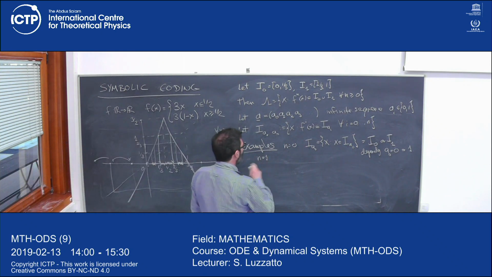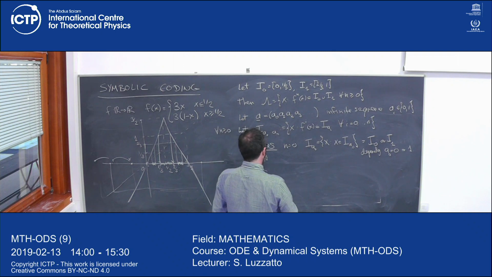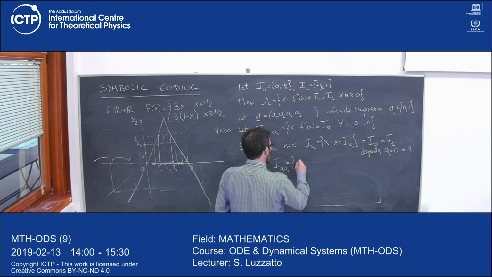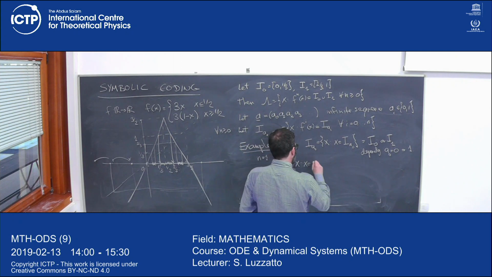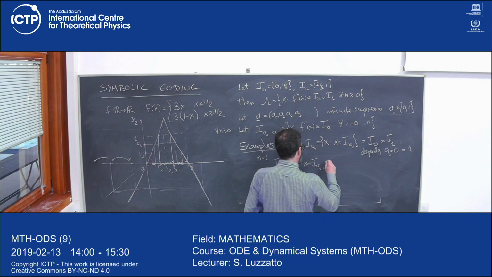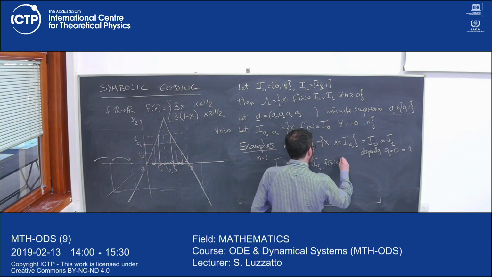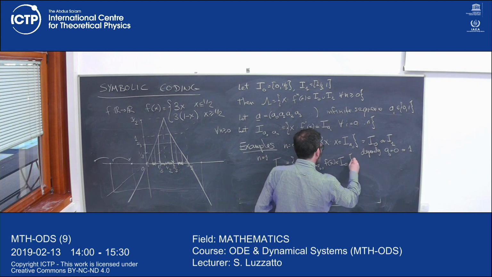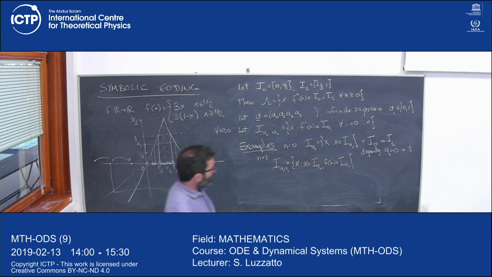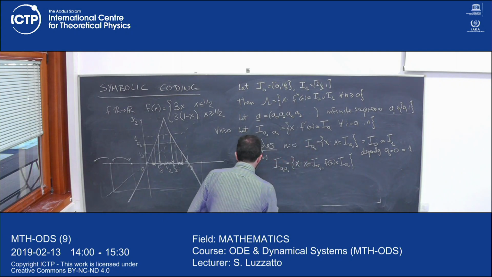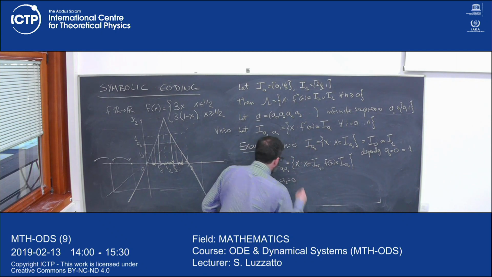So what about if n is equal to 1? Then what are the possibilities? Then we have I of a0, a1 equal to the set of x such that x belongs to I_a0 and f of x belongs to I_a1. For example, suppose a0 equals 0 and a1 is also equal to 0.